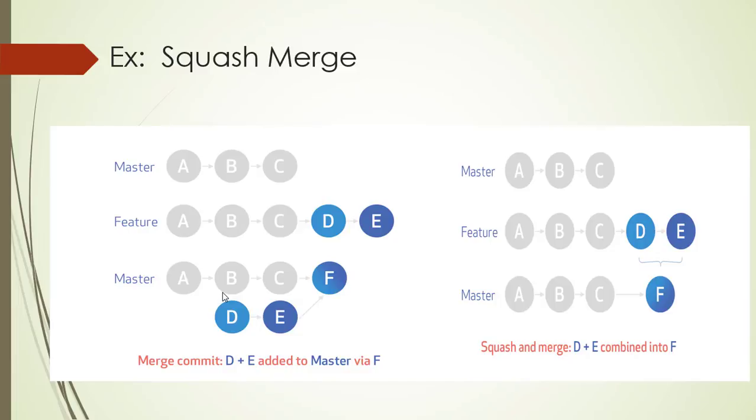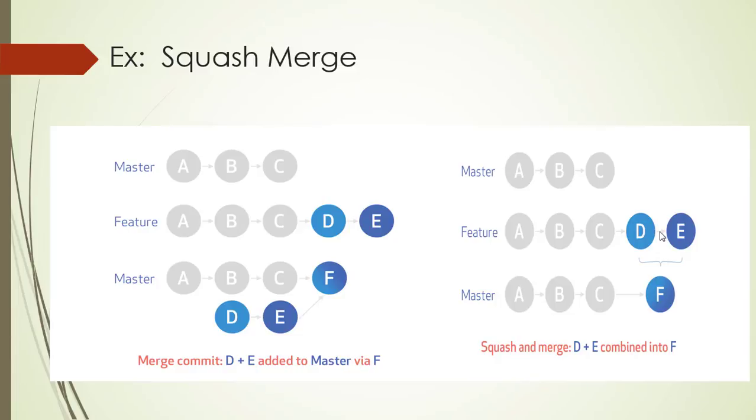But when you use the squash merge, D and E are there, and the changes are integrated into my master by using F only. It will not include the D and E commits in my master branch.